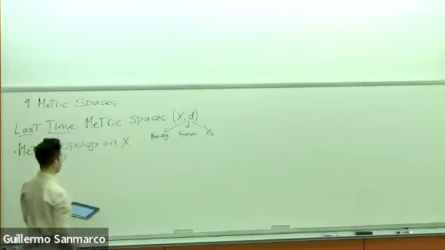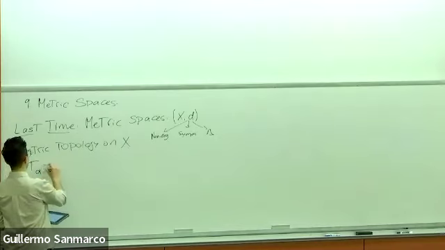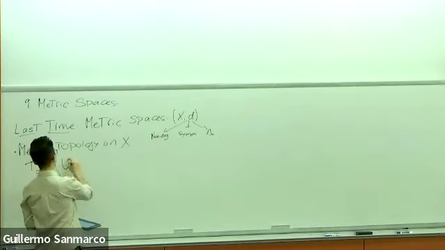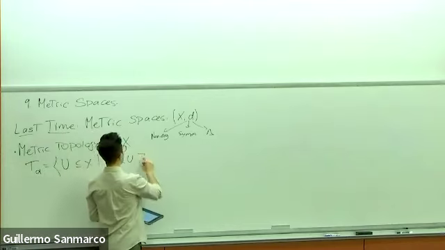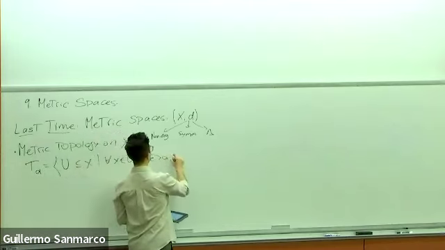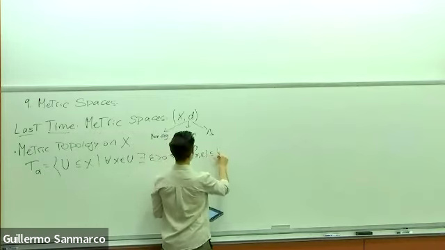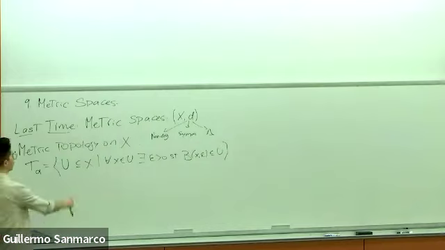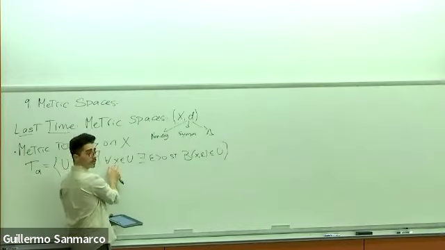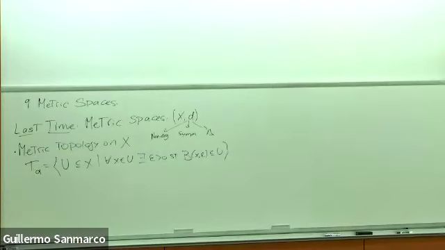So this was a theorem stating that this thing, which is going to be all subsets of X for which, whenever you have a point, you can cook up a ball inside of it. So that's the topology: all sets such that whenever you have a point in the set, you have a ball in the set.